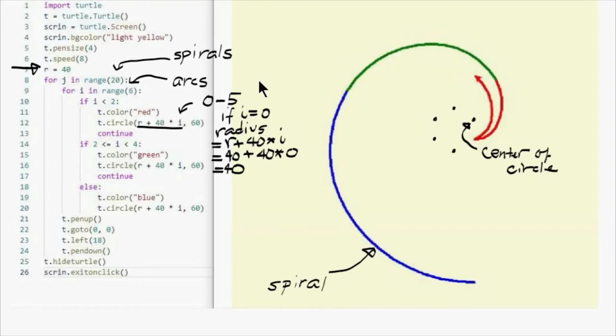So the first radius of the circle whose center is right here is going to be 40. That's the radius, which is equal to 40. Now we're going to generate the arc over the central angle 60.